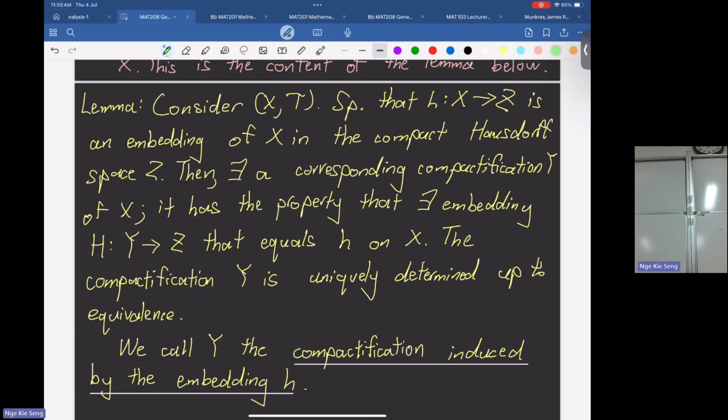Just now we had one-point compactification, two-point compactification, the topologist's sine curve compactification. So you have a lot of possibilities. But if you put it into a certain compact Hausdorff space, it is quite clear what you get. So different Z might give you different compactifications. Make sense? Okay.